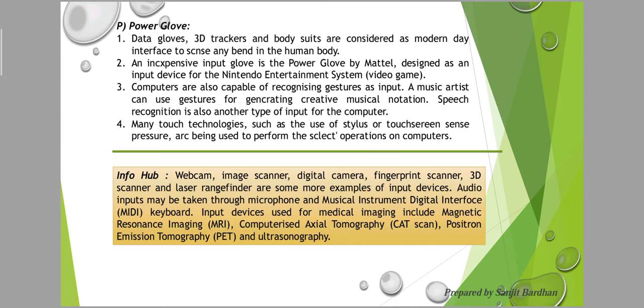A computer is also capable of recognizing gestures as input. A music artist can gesture for generating creative musical notation. Okay, power gloves are used with 3D trackers. Body suits are considered interfaces to sense body bends in the human body. This is mainly the use of the power gloves.